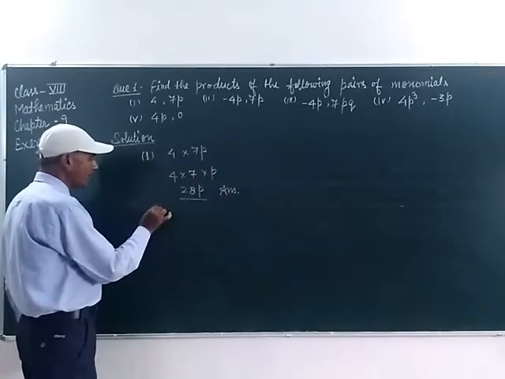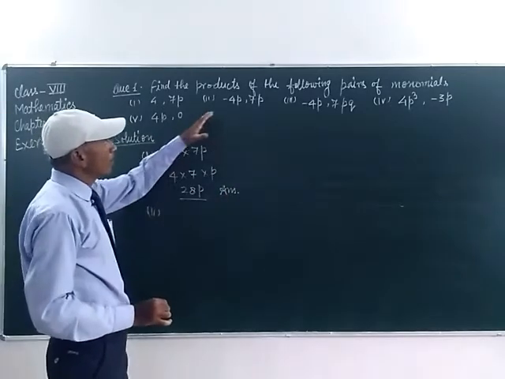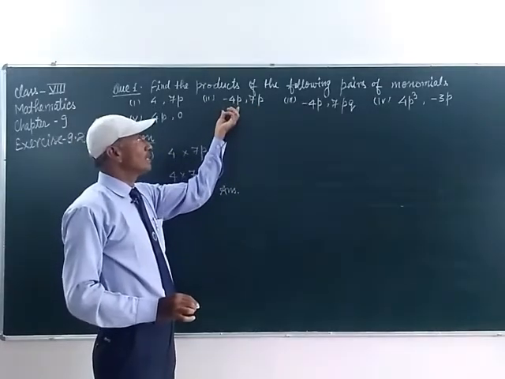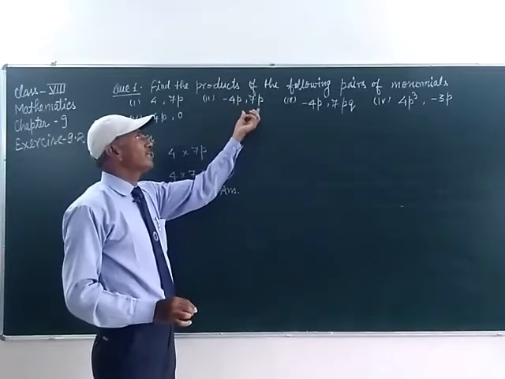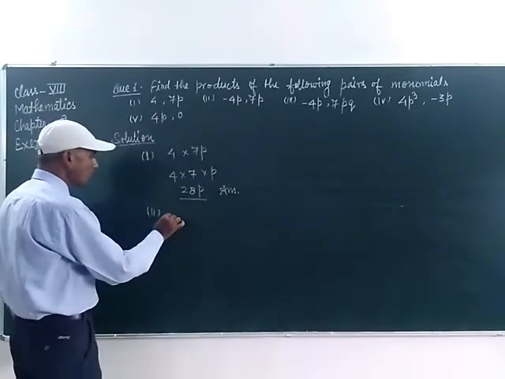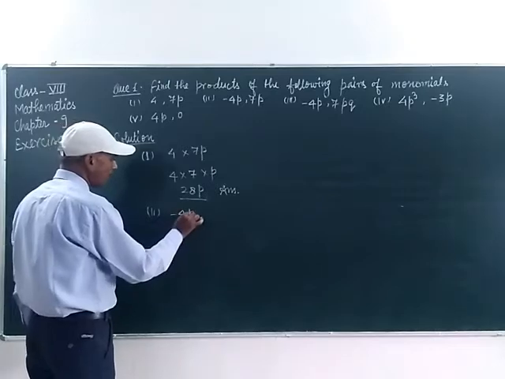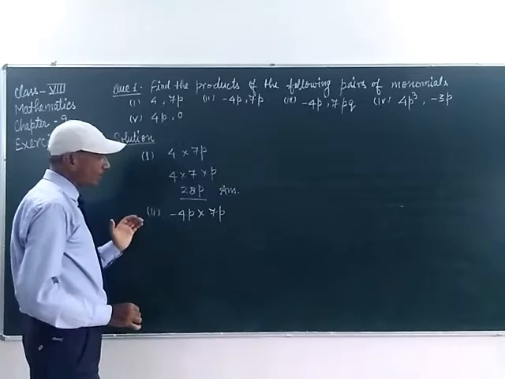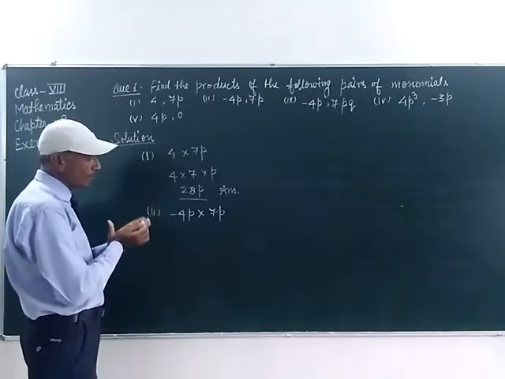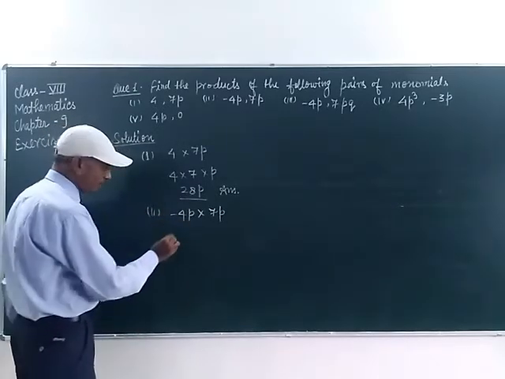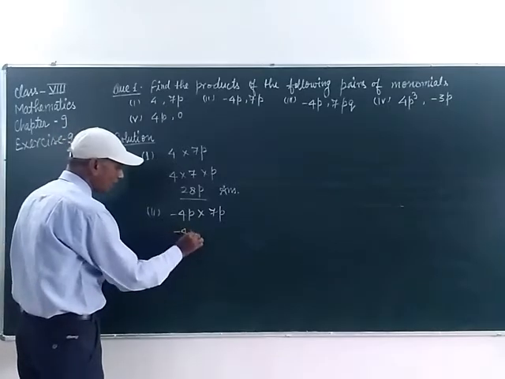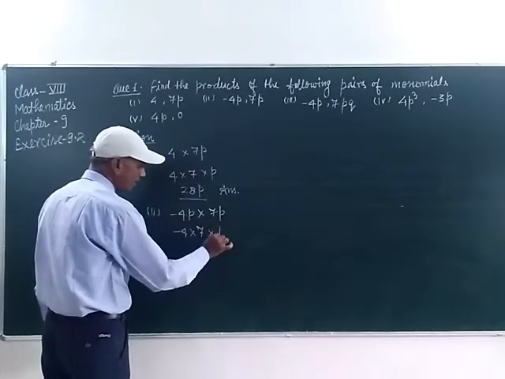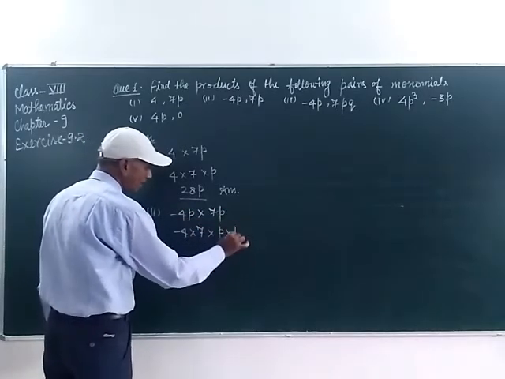Now, second part of the question, that is minus 4p into 7p, because the first monomial is minus 4p and the second is 7p. Again, follow the rules. First of all, we have to multiply numbers with numbers, so minus 4 into 7 into p into p.